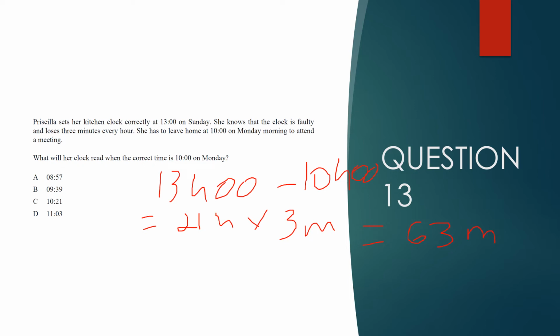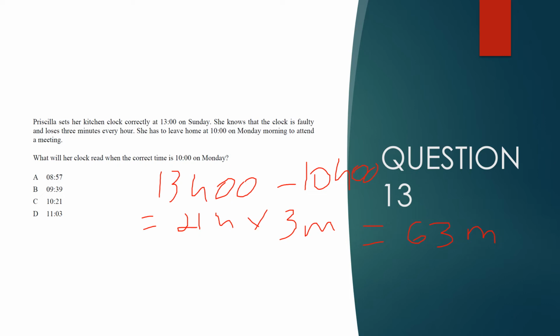Okay, so altogether from these 21 hours, the clock will lose 63 minutes. So how are we going to reduce?